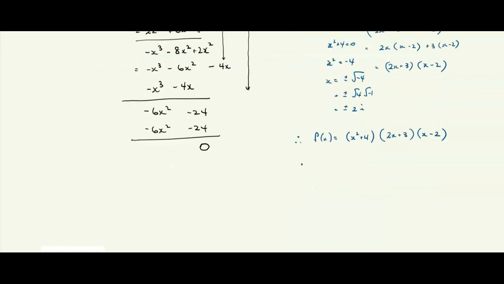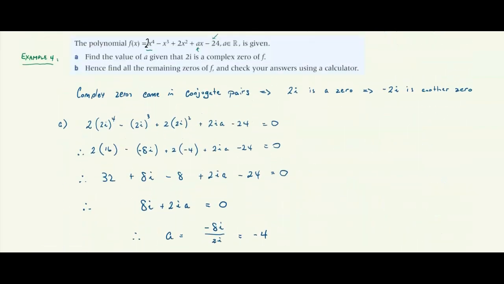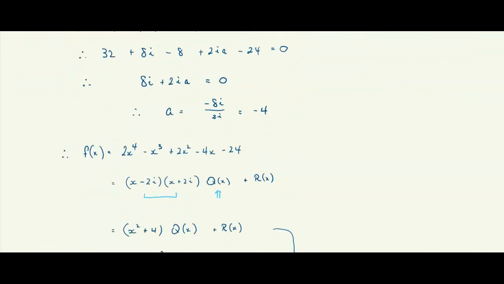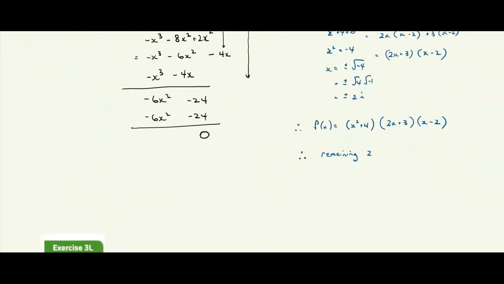And so we can say with no shortage of relief and happiness that the remaining zeros, which is what the question was asking, the remaining zeros of f, are, right, we'd already identified out of this one, 2i plus and minus. Now out of here we get negative 3/2, gives me a 0 here, and 2.